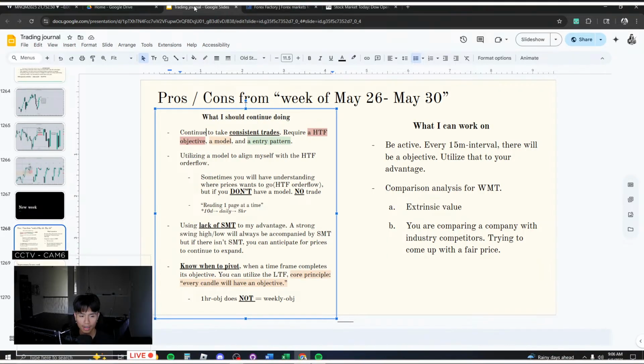And another aspect of utilizing higher time frame and going onto the lower time frame is that you have to read 1 page at a time. What I mean by this is that you can't go from the weekly time frame onto the 1-minute time frame. You can't go from the 4-hour straight to the 1-minute time frame, right?